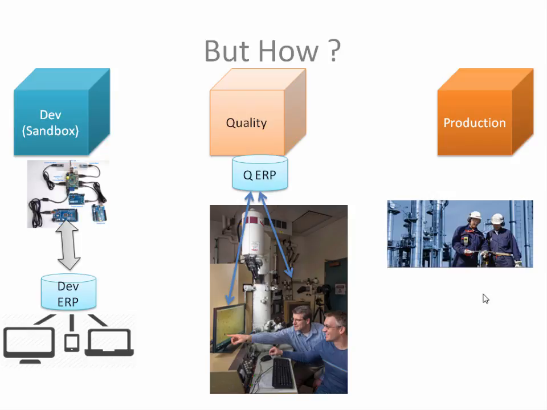The ERP data of quality is very much similar to what your production data will be like, but the difference compared to development is that the connectivity of the sensors will be more like your production. So you can get more real-time feedback of how things will happen in the real production scenario.